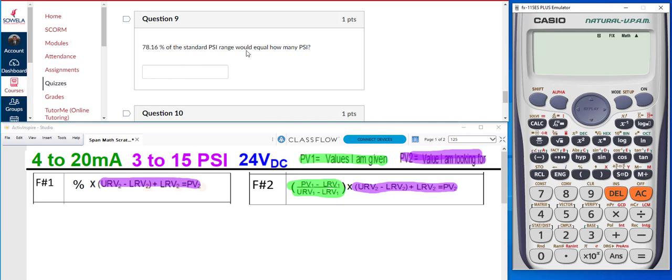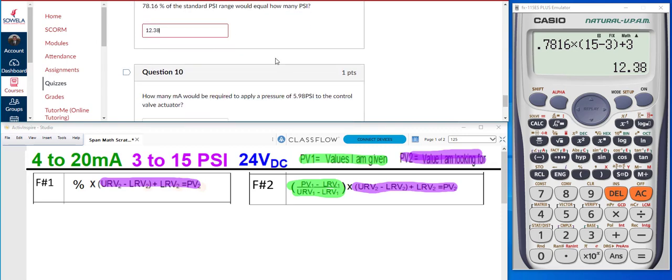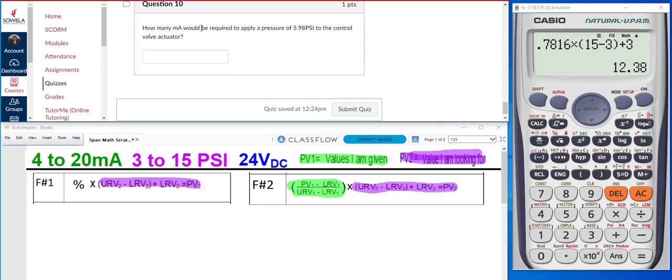78.16% of the standard PSI range, so 0.7816 times PSI range is 15 minus 3 plus 3 gives me 12.38 PSI. Number 10, how many milliamps would be required to apply a pressure of 5.98 PSI to the control valve actuator?